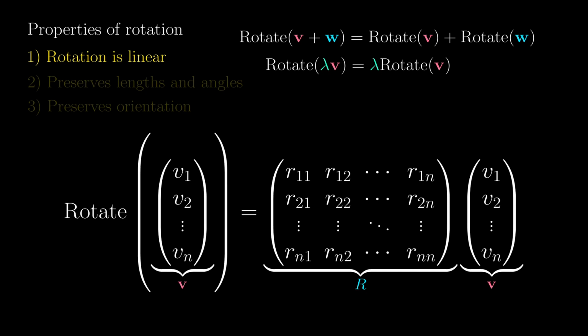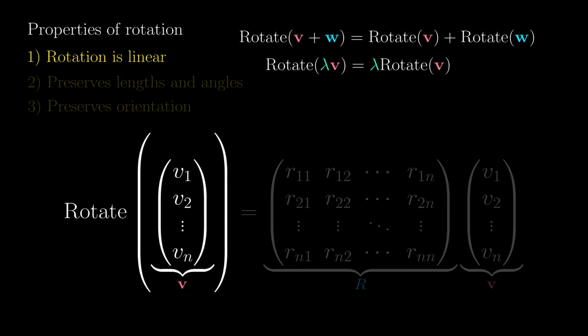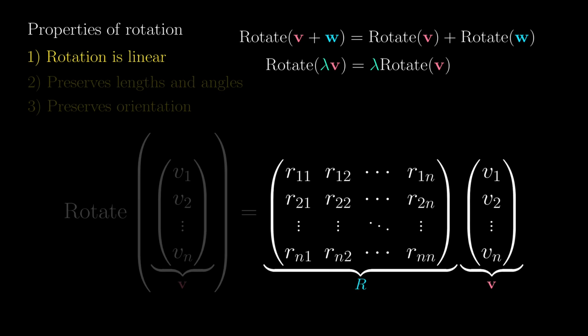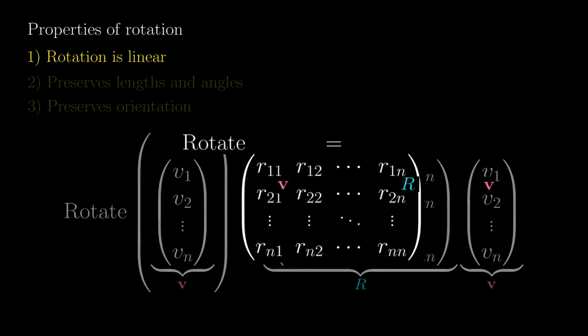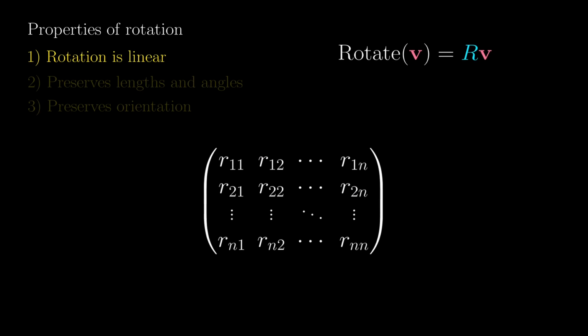So rotating an n-dimensional vector is the same as multiplying by a matrix on the left. The rotation matrix is denoted as R for rotation, and what remains is to find which matrices correspond to rotation.